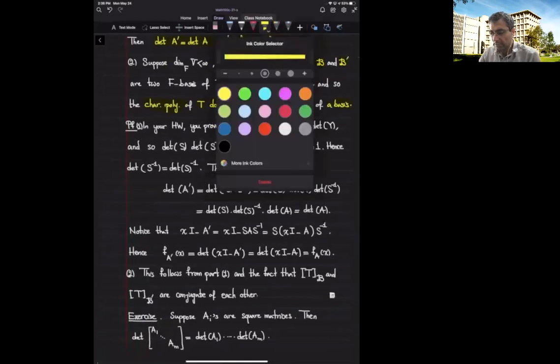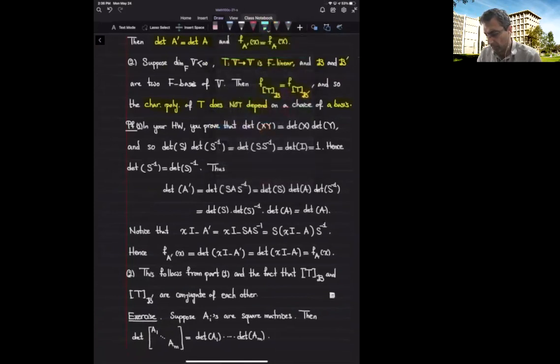We have already discussed, and you've seen it in your homework assignment, that the determinant can be defined at the level of rings, and the determinant is multiplicative. So the determinant of xy is the determinant of x times the determinant of y. In particular, the determinant is a group homomorphism from invertible matrices to units of the ring R. So let's see it in a concrete way.